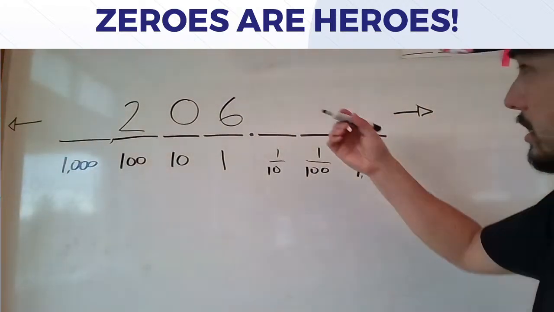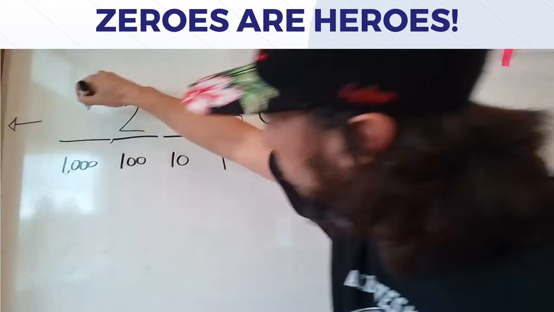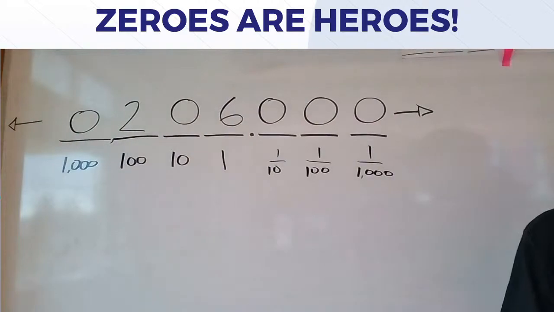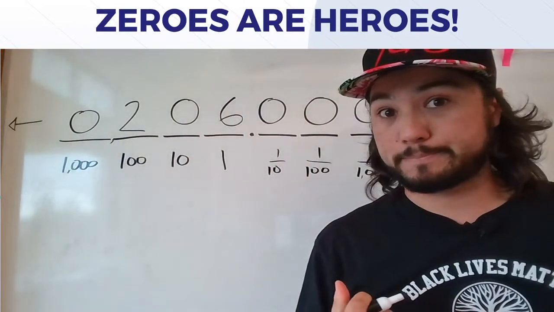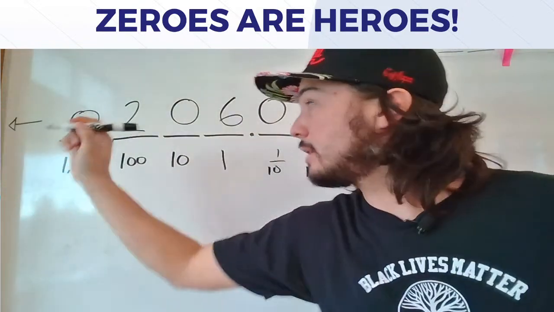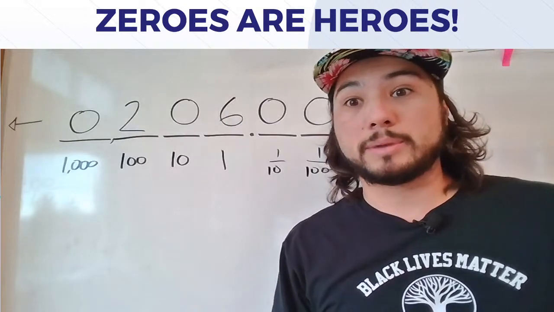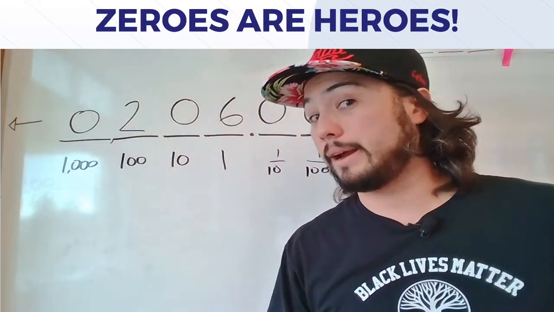Now, what about all these extra places? There are also zeros here, because we don't have any tenths of a marker or hundredths of a marker. We don't have any boxes of 1,000 markers, okay? All the way till the cows come home on that side, all the way till the cows come home on this side, there's zeros all the way down, because all it means is there's no value there.